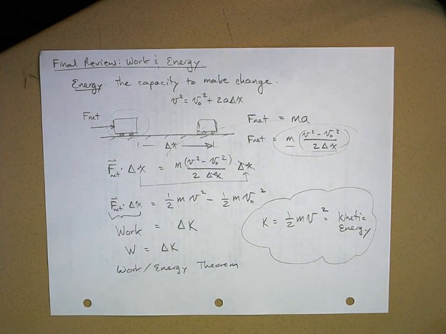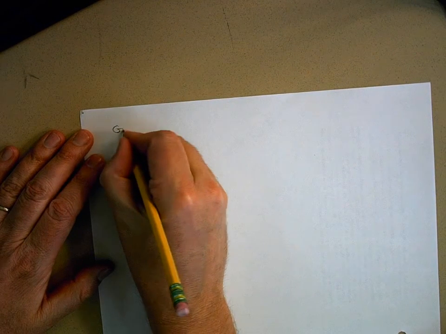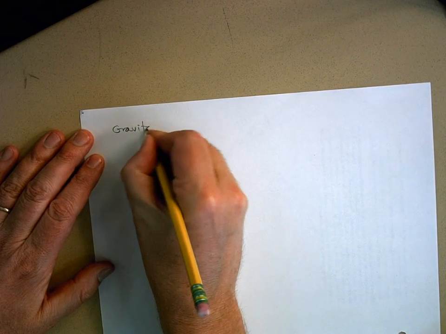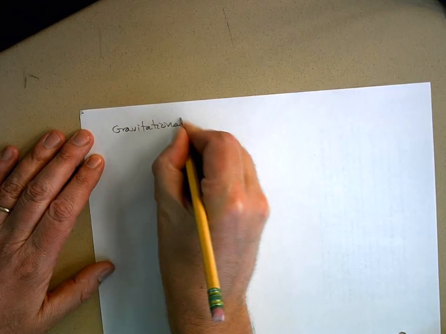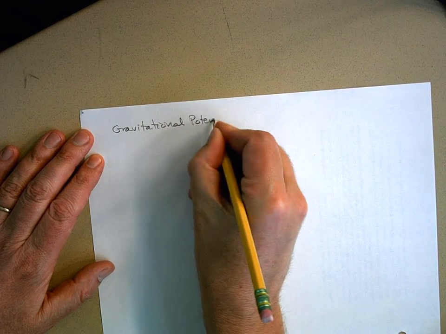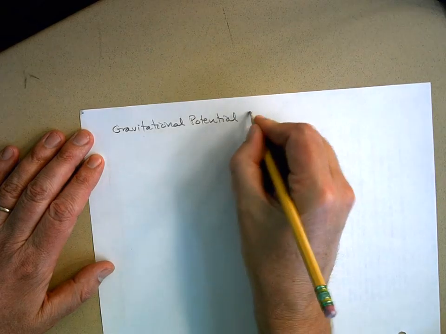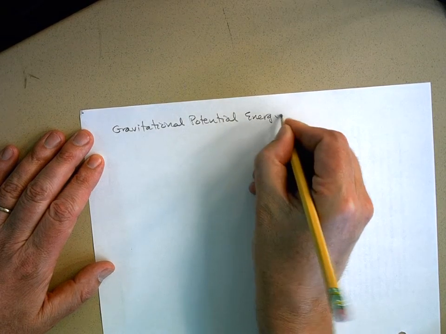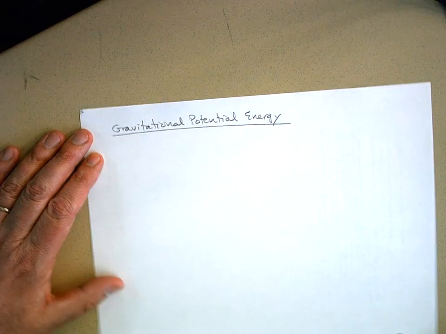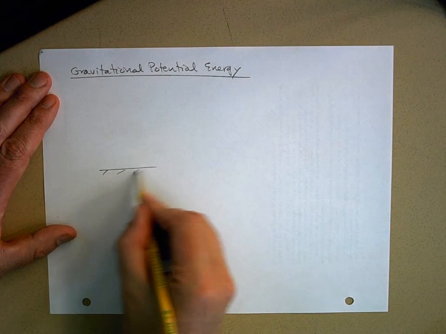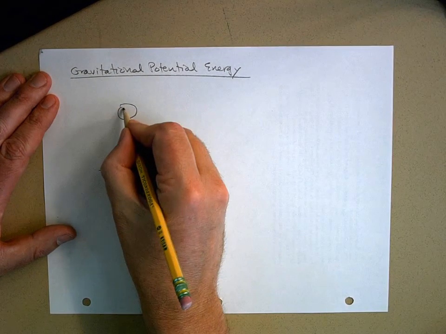And we saw different kinds of energy, like let's talk about gravitational potential energy. If I've got the ground and I've got like a bowling ball or something like this.